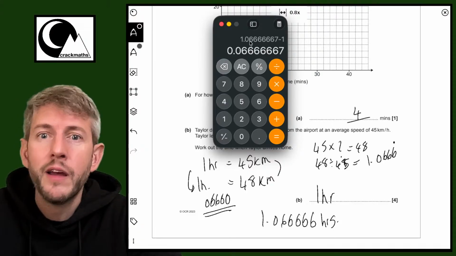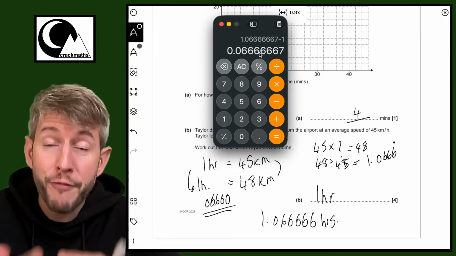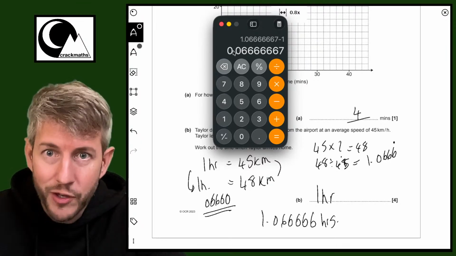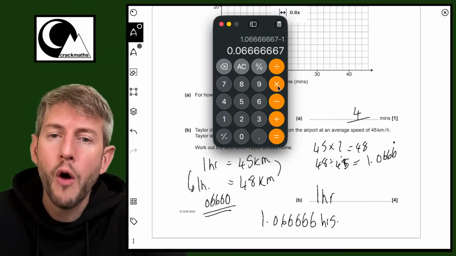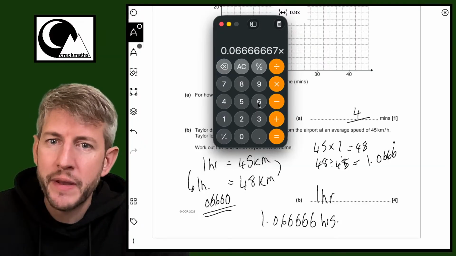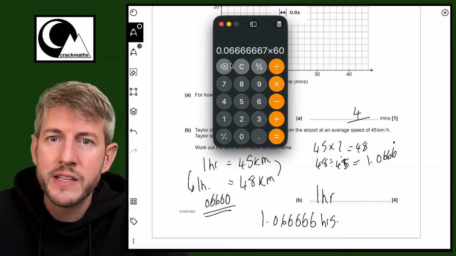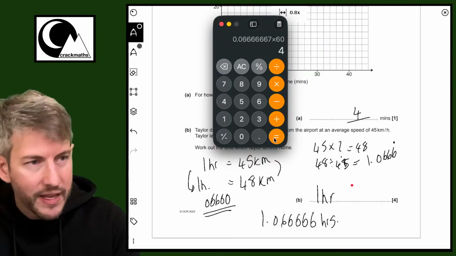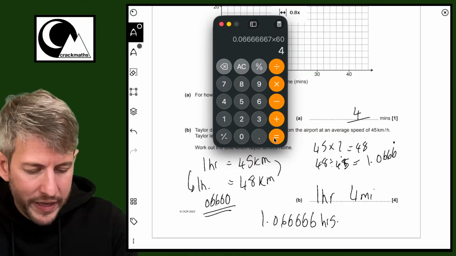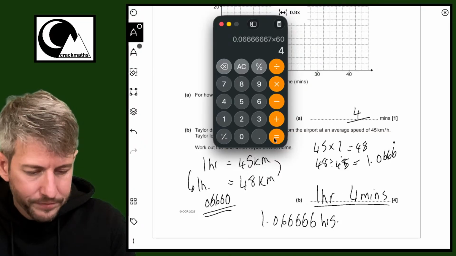So the part of the hour that she's got is 0.06666 of an hour. Of an hour means of 60 minutes, so we're going to times this by 60 to give us 4. So that's 1 hour, 4 minutes here.